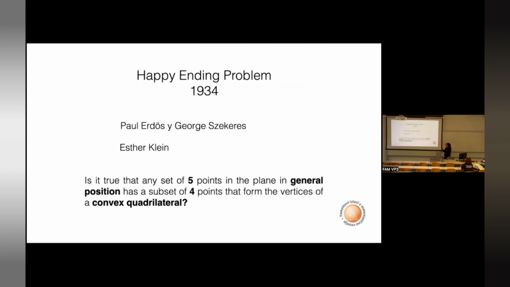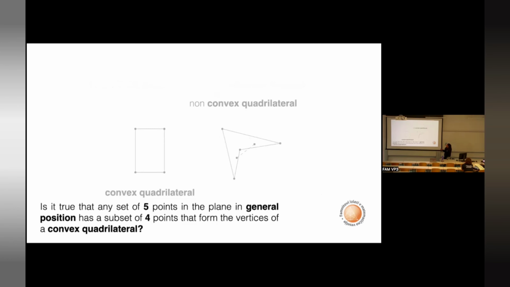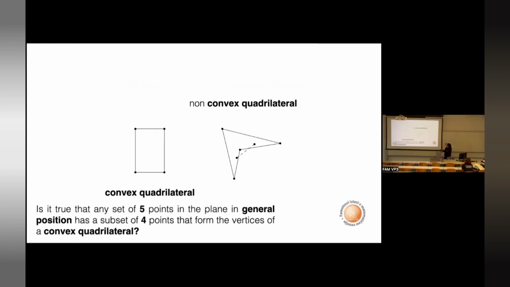And what does a convex quadrilateral mean? It means that if I have my quadrilateral, and inside I put 2 points and draw the line between them, it will stay inside. For example, in this case, if I have these 2 points and I draw the line between them, I go out of my quadrilateral. So we don't want this, we want this.